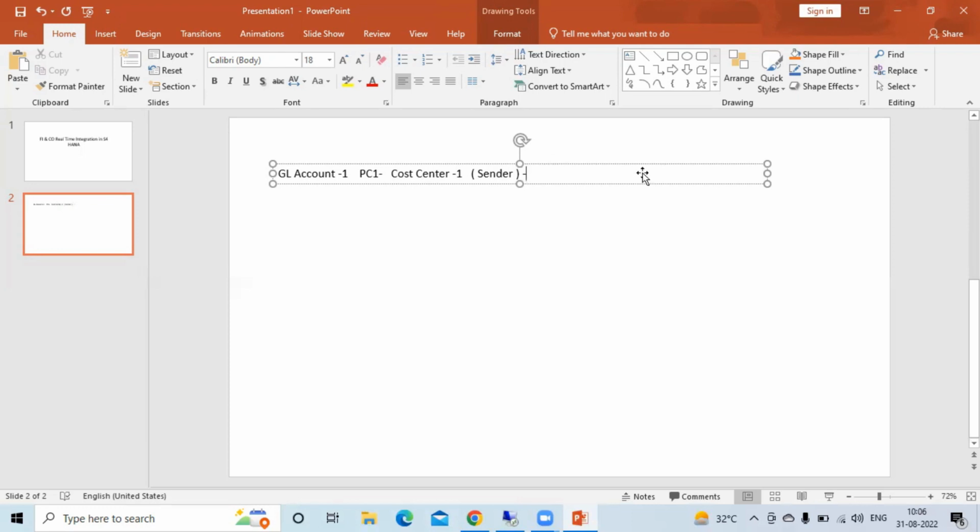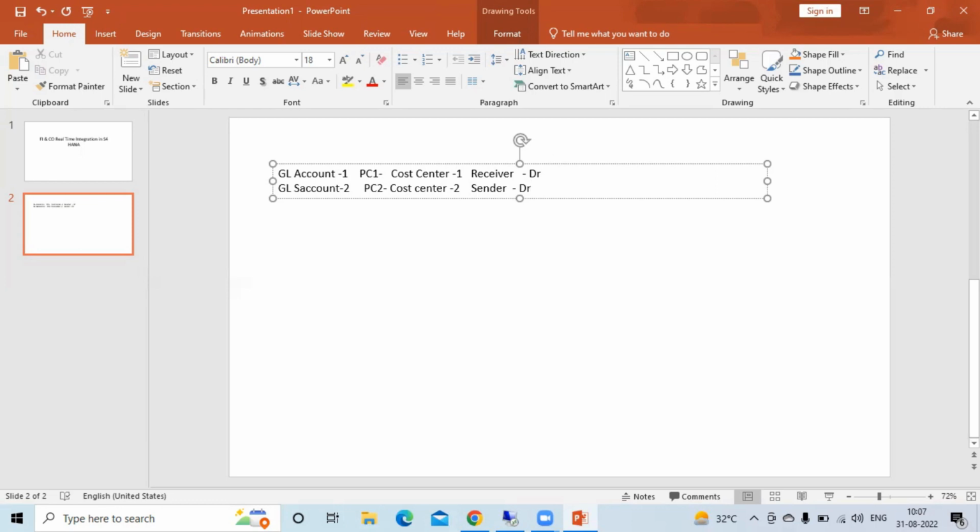Let's say cost center 1 will be our receiver, so this will be our debit entry, and we are going to transfer from our GL account 2, which is profit center 2, cost center 2, and that is our sender. Simply, we are transferring some cost from one or multiple cost centers to multiple cost centers. So a couple of sender cost centers and receiver cost centers will be there.